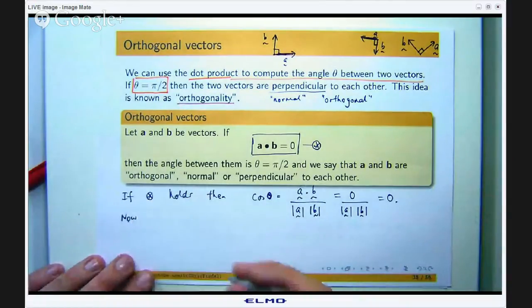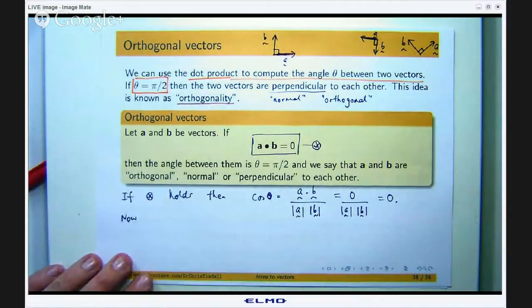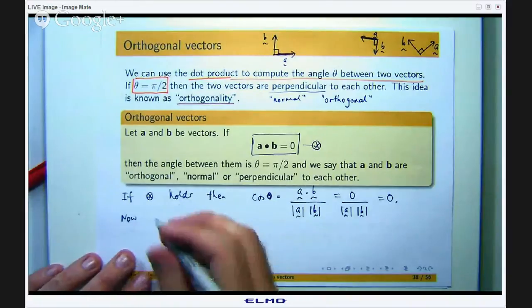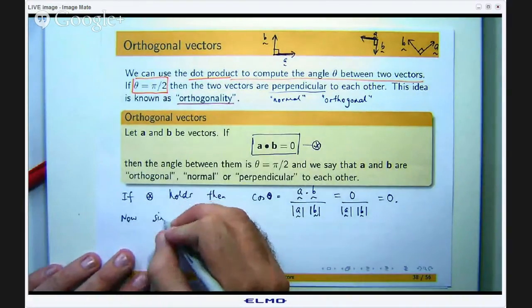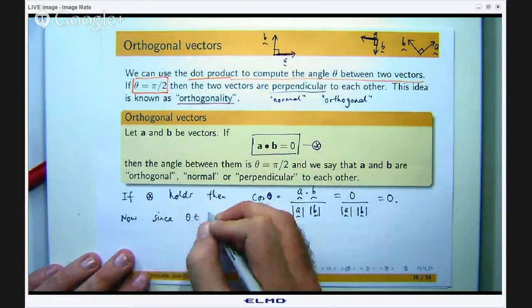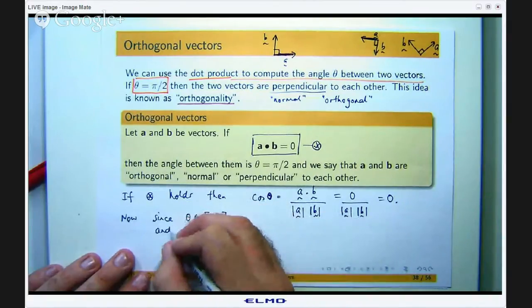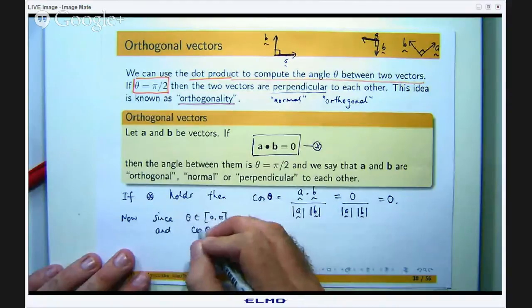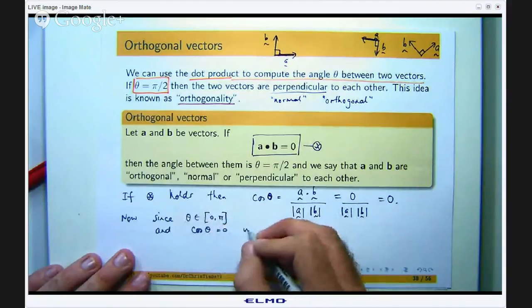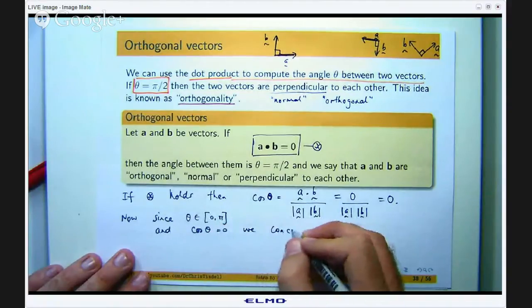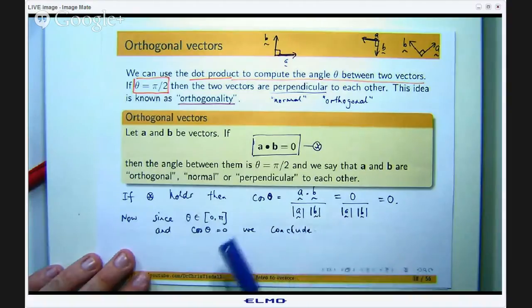And in this setting, the theta is always between 0 and pi. Well, there's only one value of theta that will satisfy both of these two things.